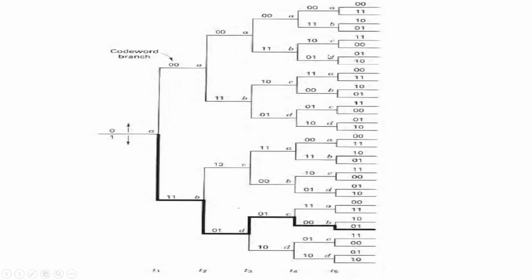The upper portion of the tree structure is exactly the same as the lower portion after 3 time intervals, or after the constraint length. So what we can do is merge the upper portion with the lower portion, and a new structure will emerge, and that structure is called the trellis diagram.